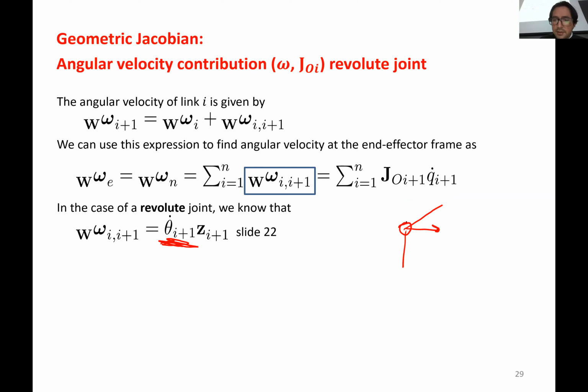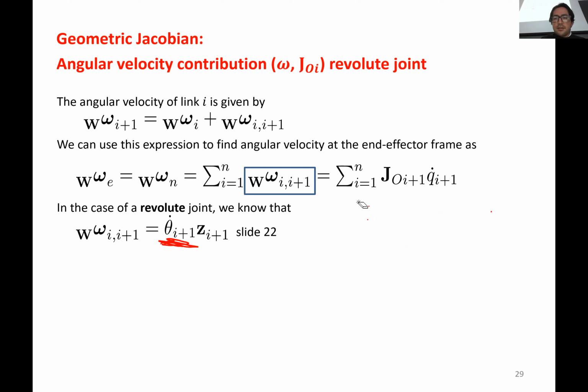Okay, so this is our joint axis, joint i plus 1, and this here, sorry about the colors, this is our link axis, right? And this rotates with an angle of theta i plus 1. So what we're getting here is just theta i plus 1 dot about the axis of rotation of joint i plus 1, which is coming out of the slide.